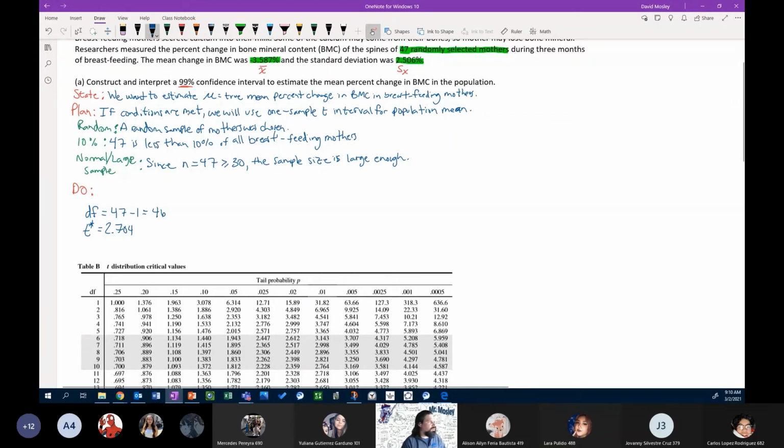Again, this formula is x bar plus or minus t star times s sub x over square root of n.